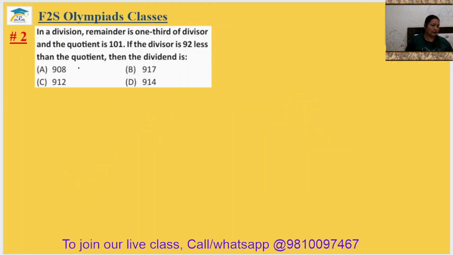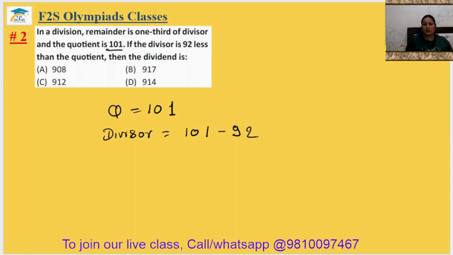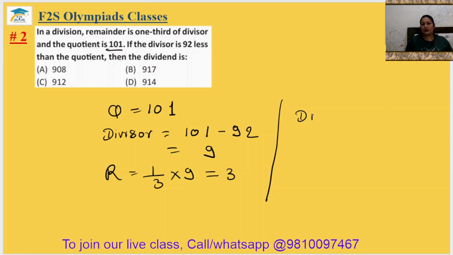Question number 2. In a division, the remainder is 1/3 of the divisor and the quotient is 101. If the divisor is 92 less than the quotient, then the dividend is? So we know that the quotient is 101 and the divisor is 92 less than the quotient, so 101 minus 92 gives 9. The remainder is 1/3 of the divisor, so this is 3.